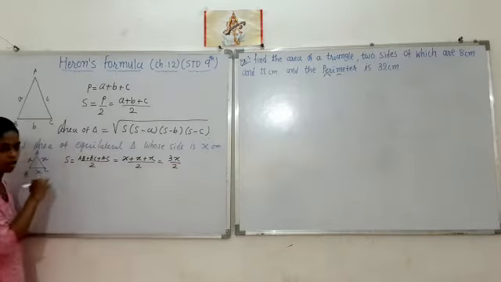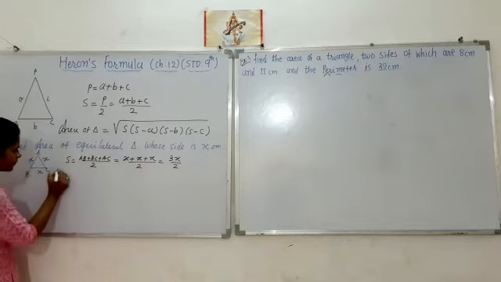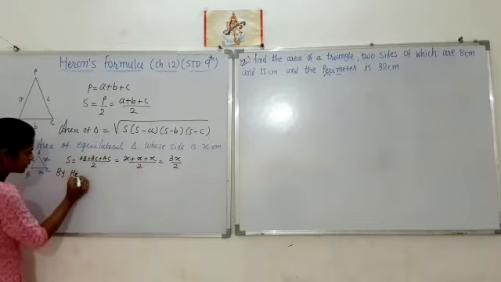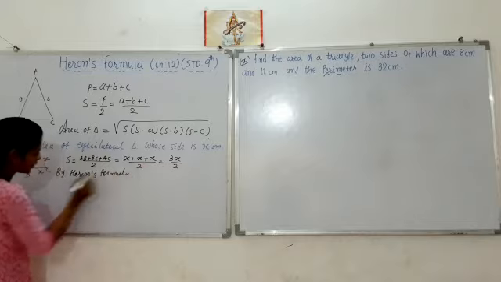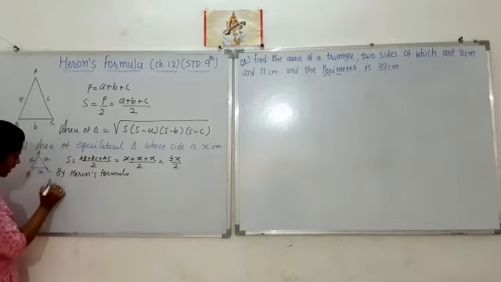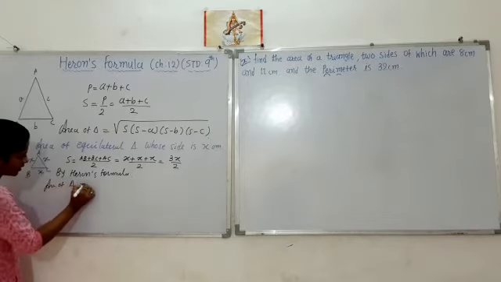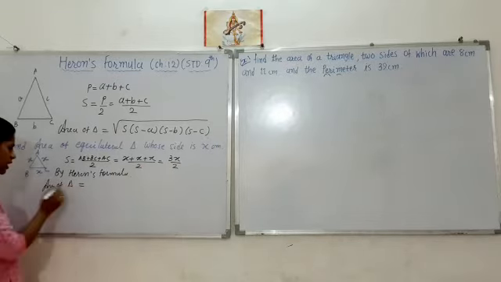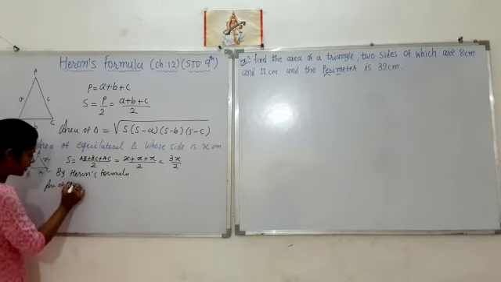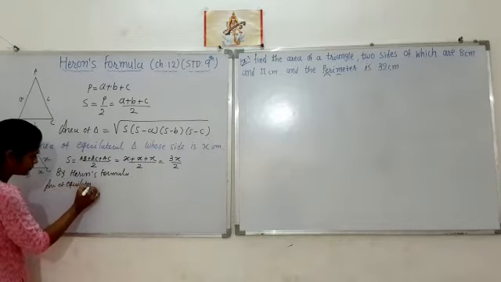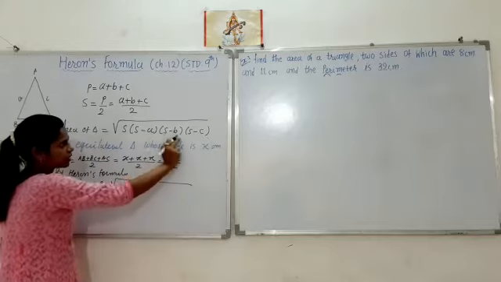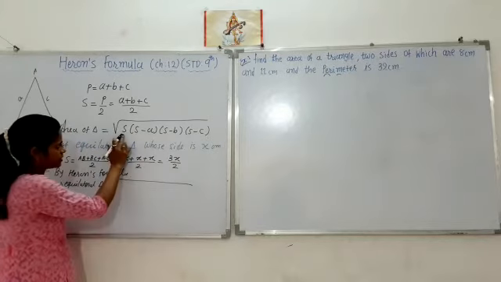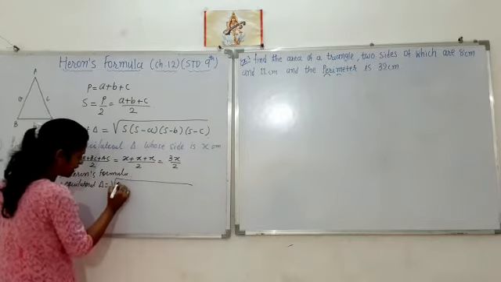This is the value of S. After this, by Heron's formula, area of triangle, that is area of the equilateral triangle, is square root. Write this formula and put the corresponding values. So instead of S you write 3x by 2.